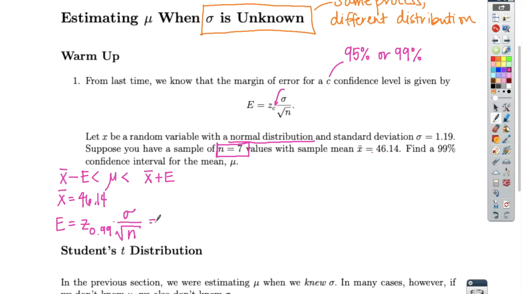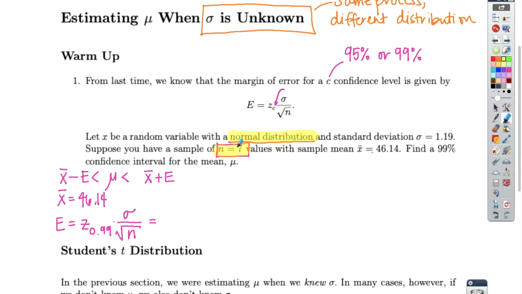Now, before we plug anything in here, I do want to point out this problem has a couple of important phrases. First of all, it says that x already has a normal distribution, and that is really important because this is not a very big sample. Our sample is only 7. That's a relatively small sample size, small enough that we need for our distribution already to be normal.